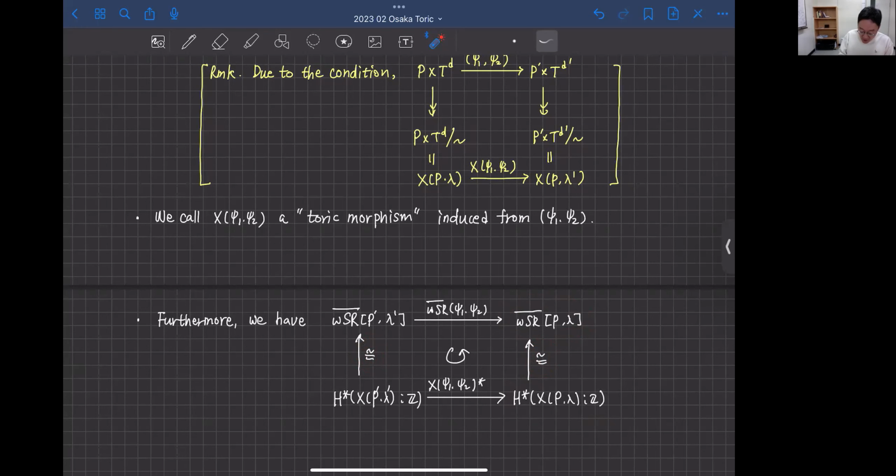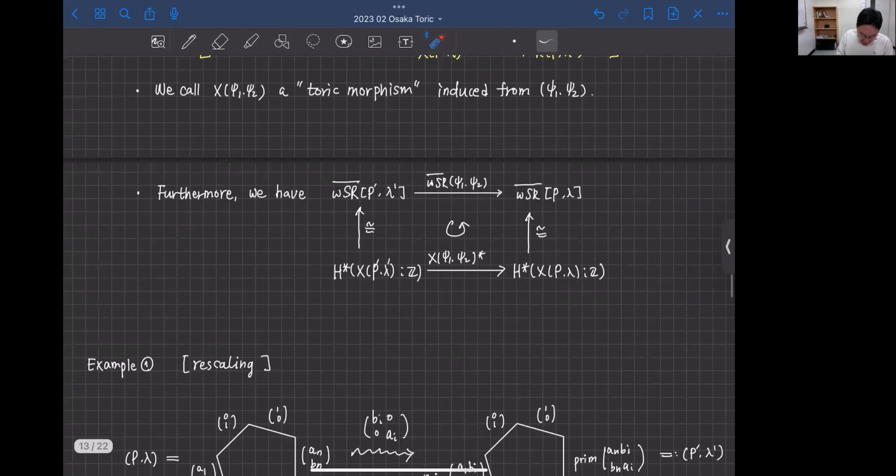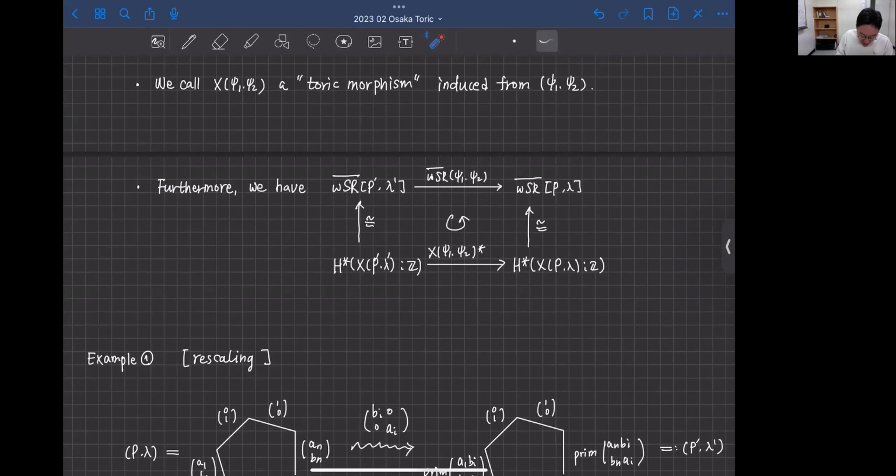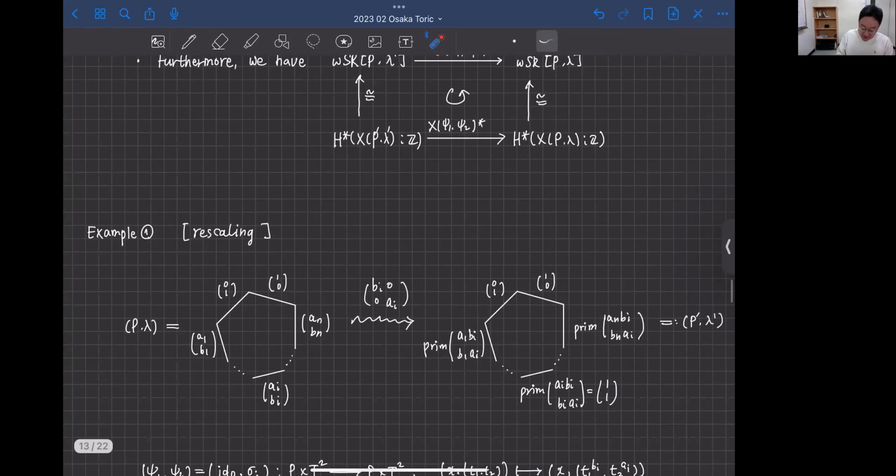So whenever you have a toric morphism X of psi1, psi2 corresponding to this compatible pair, you can define a map at the level of the weighted Stanley-Reisner ring by this diagram. So we can define this WSR bar psi1 and psi2. Let me show you some examples.